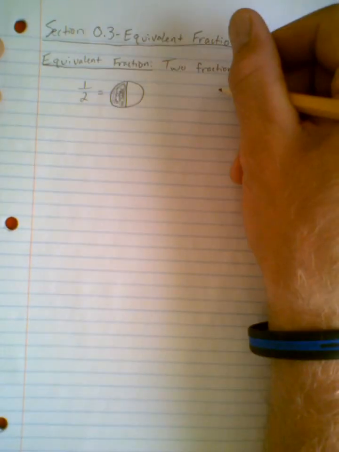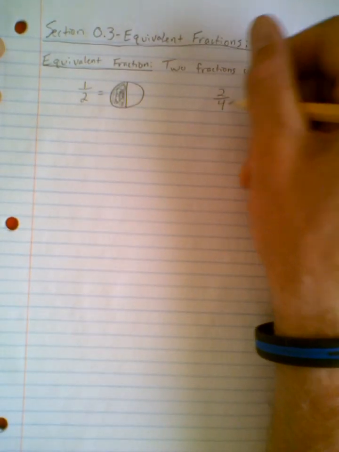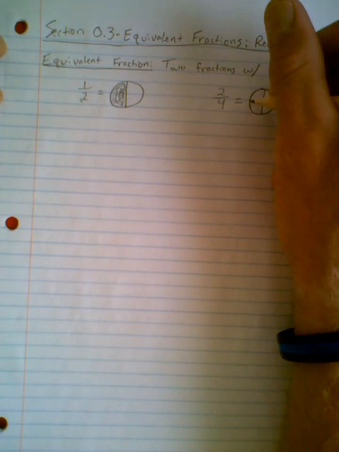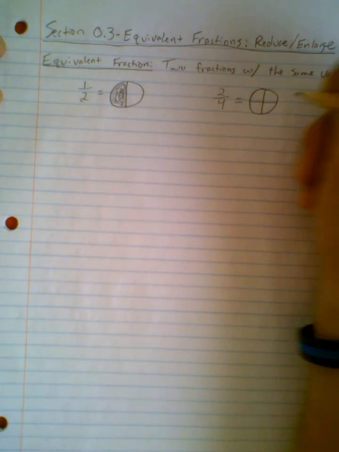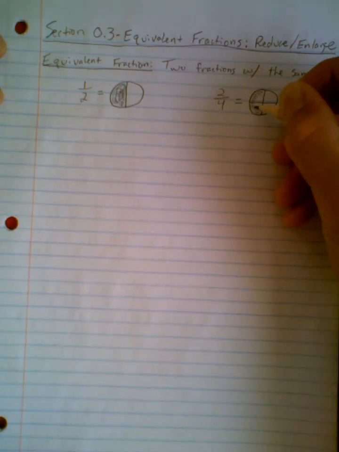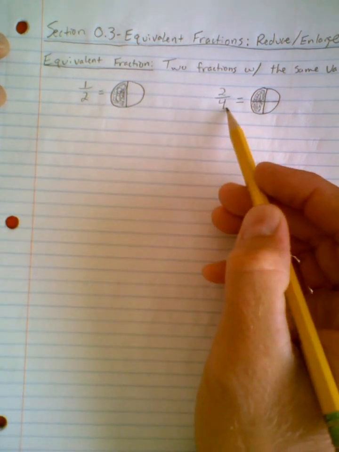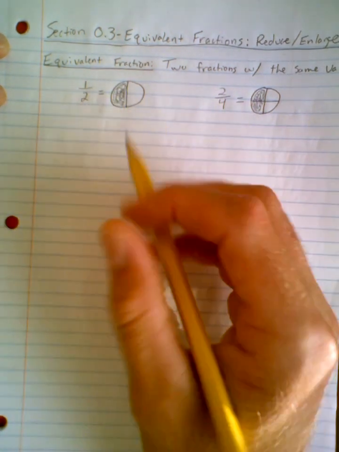Then on this side, go and write 2/4 for your fraction. And cut this pie in half once and cut it in half twice. And then go and lightly shade. Just lightly shade. Okay? So these two are equivalent fractions. 1/2 is equal to 2/4. And you can see using your pies.